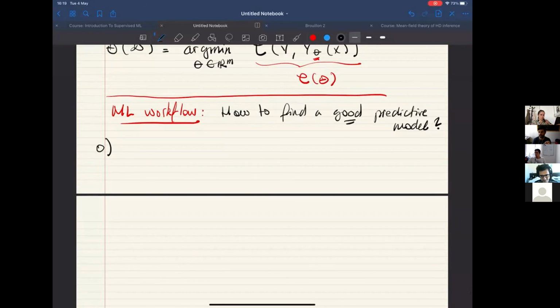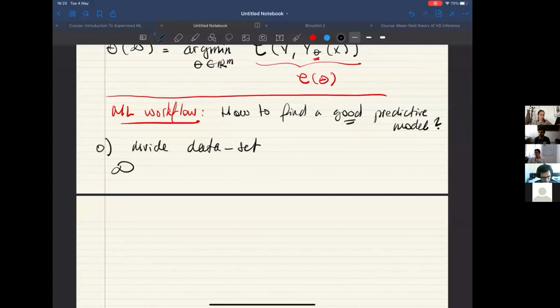So something you have to do before attacking any learning problem, that's why I put a 0. This is the first thing you have to do. Always keep in mind to divide the data set into two subsets.